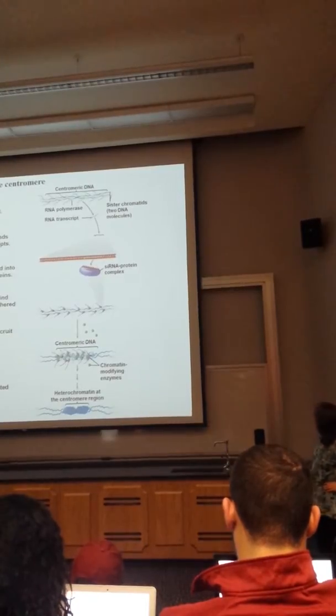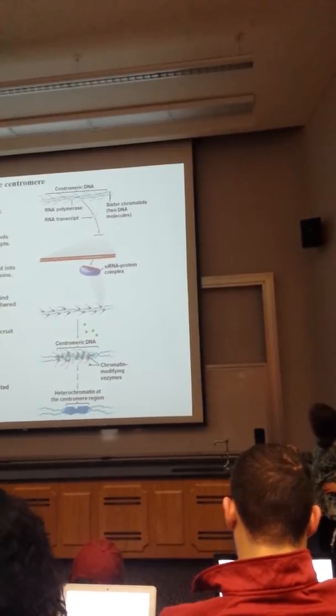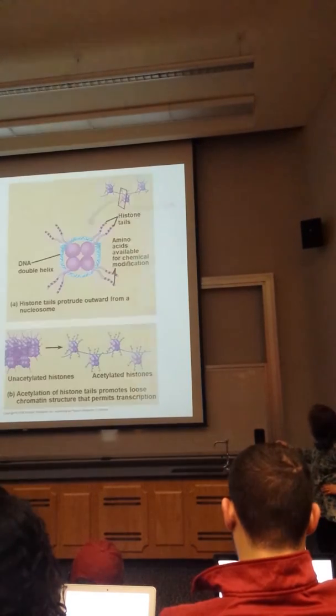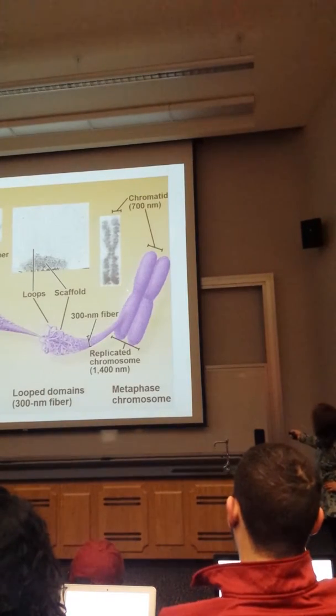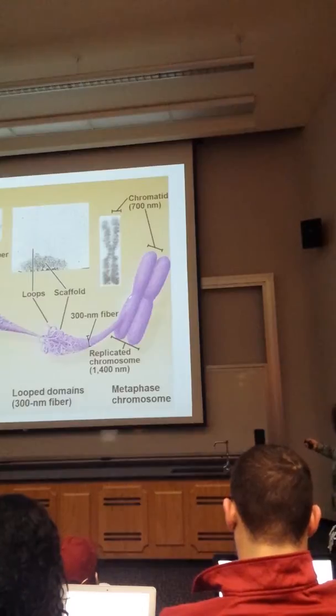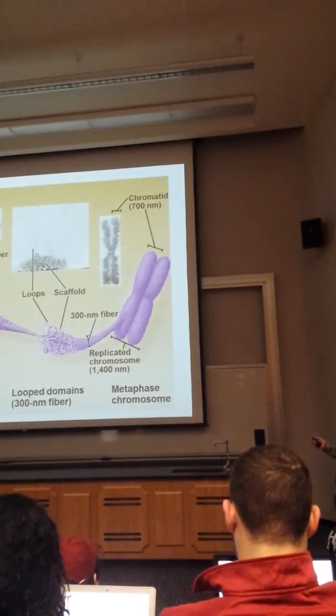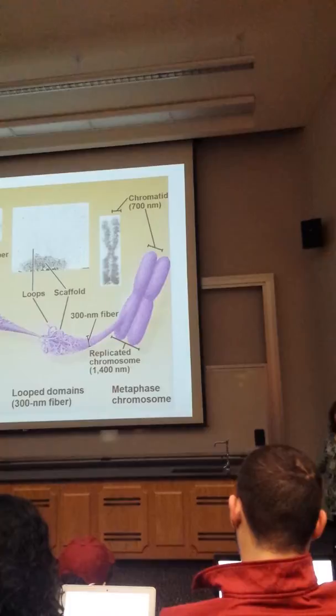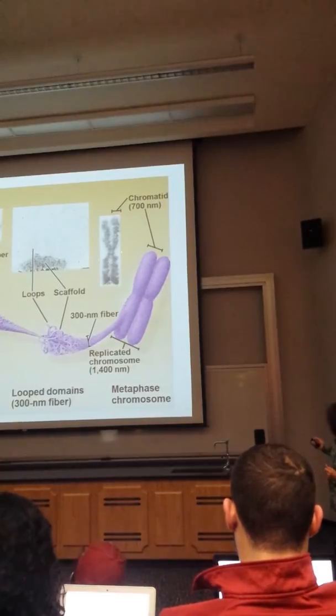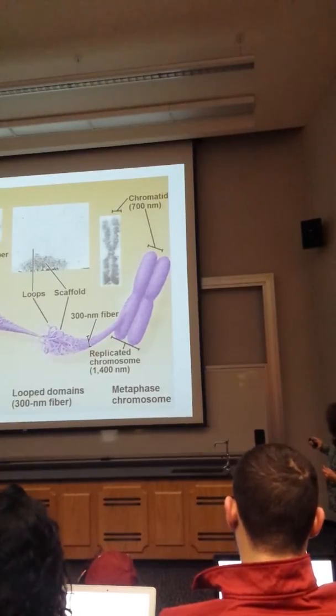What I also want to point out, excuse me, let's go back. All right, what I want to point out also is the structure of the chromosome. This of course is a metaphase chromosome, and when we talked about it the other day, I pointed out that chromosomes have a very distinctive structure called a centromere.